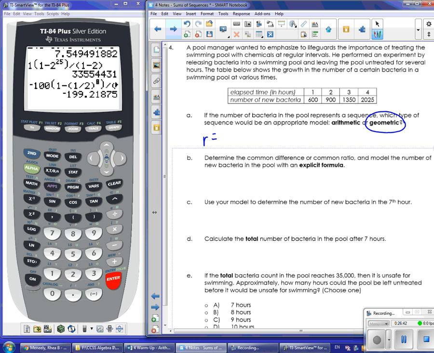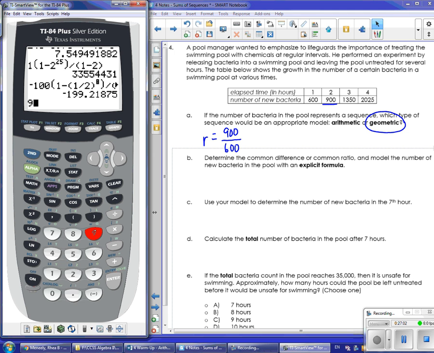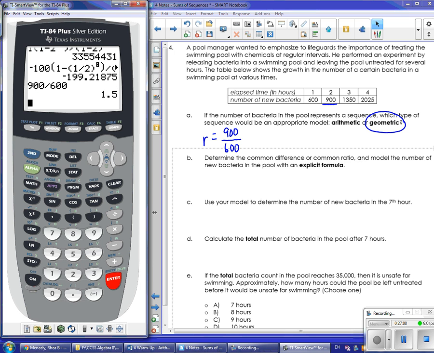And just remember, when you're calculating r, you always start with the second term and divide it by the first. And that should be the same ratio as 1350 over 900. And that should be the same ratio as 2025 divided by 1350. And we can check that out in a minute. So if I take 900 and I divide that by 600, I get 1.5.